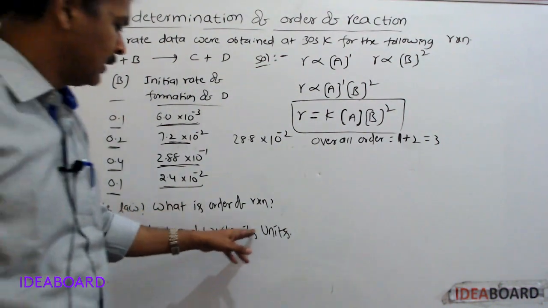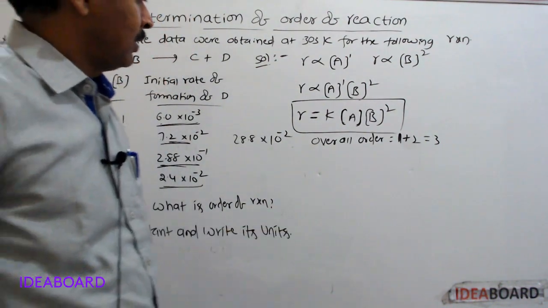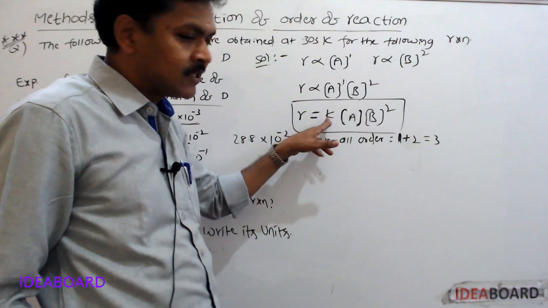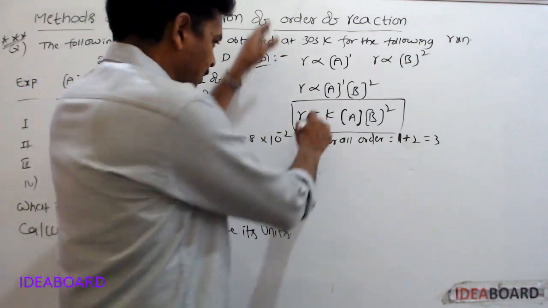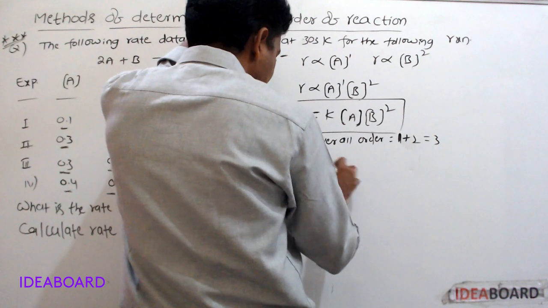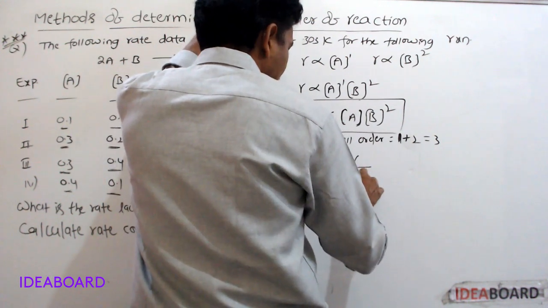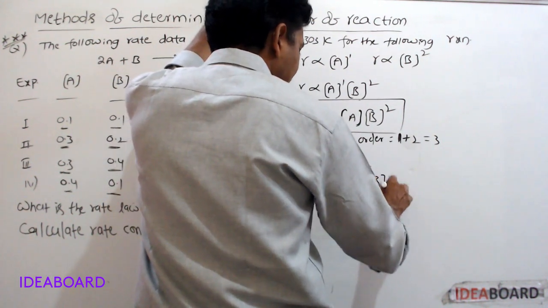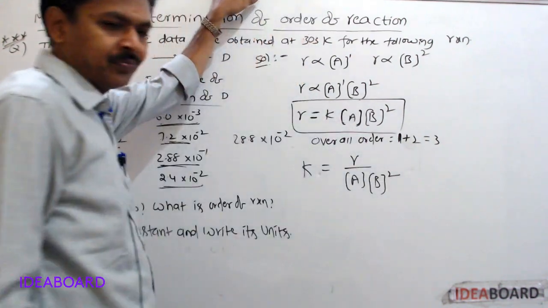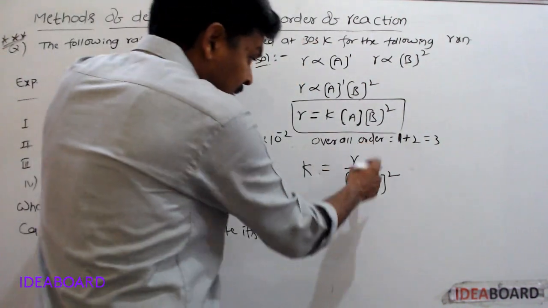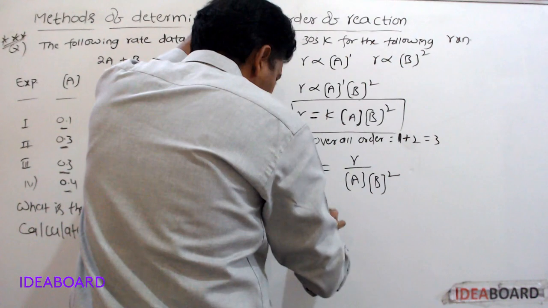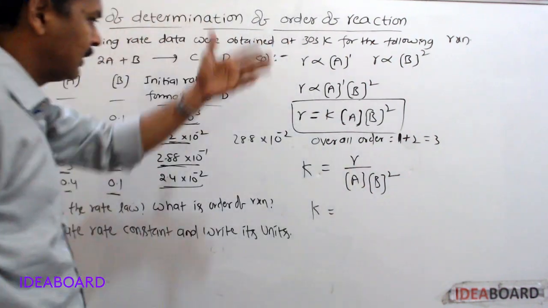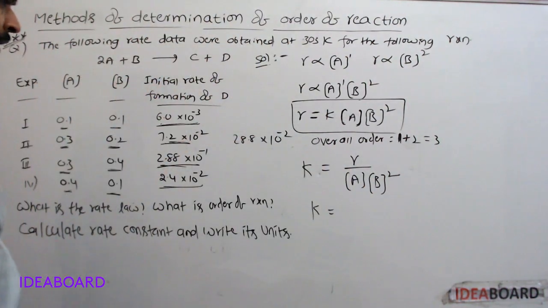Calculate rate constant and write its units. We should calculate this rate constant value, this K value. From this, K is equal to rate by A concentration into B concentration square. Here rate means rate of formation of D is given.